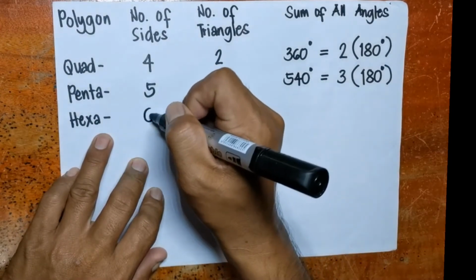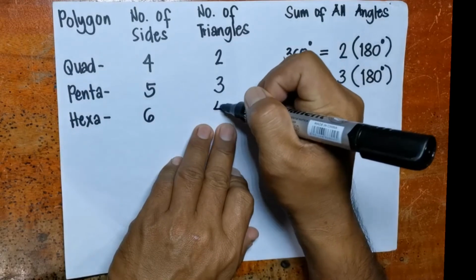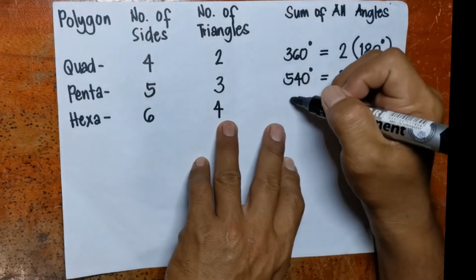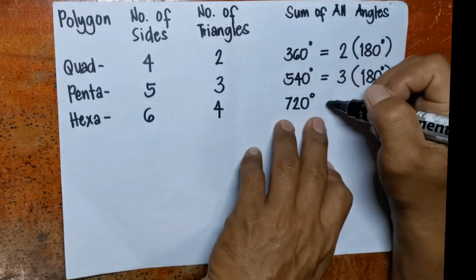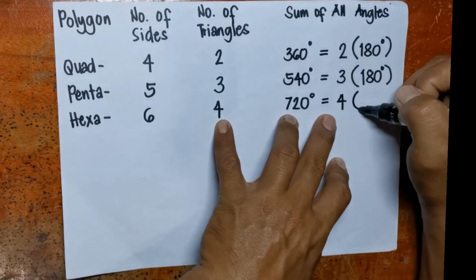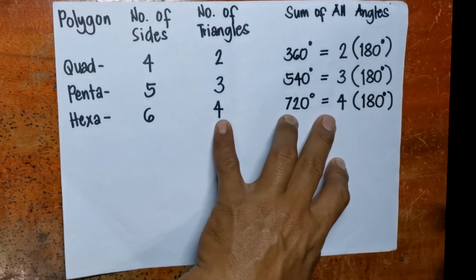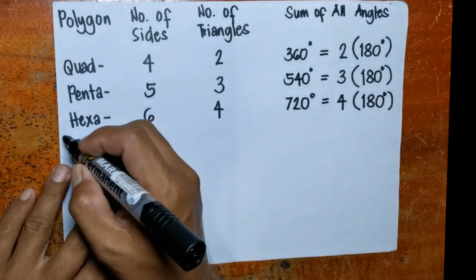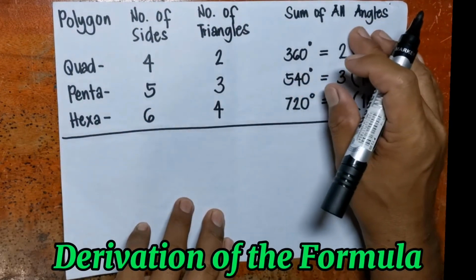Hexagon has 6 sides, and the number of triangles we've formed is 4. Now, since there are 4 triangles, the sum is 720 degrees, which can also be expressed as 4 triangles times 180 degrees.